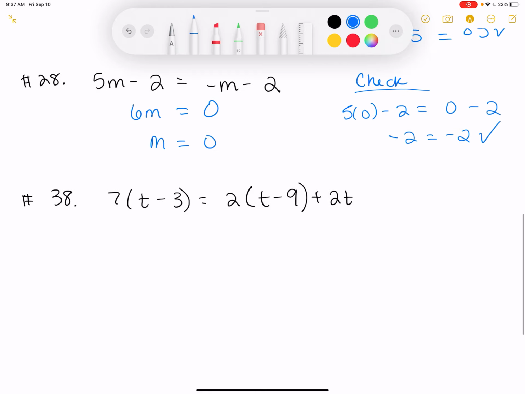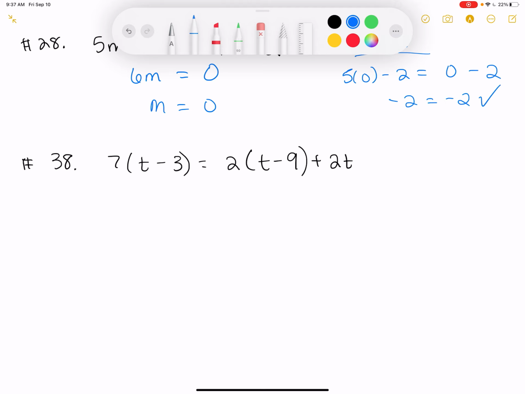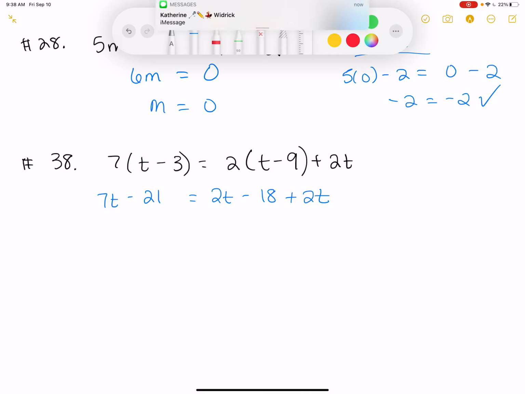So what should I do first here? Okay, so what does that give me? 70 minus 20. Yeah, so what I will tell you here is that if you want to, you can go ahead and throw all the t's to the left and all the numbers to the right.